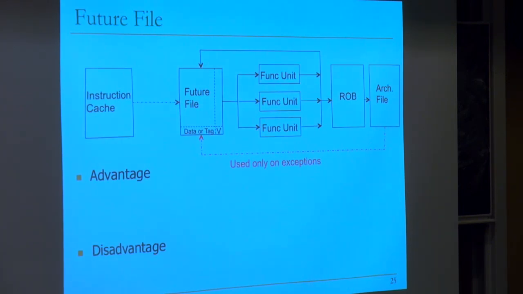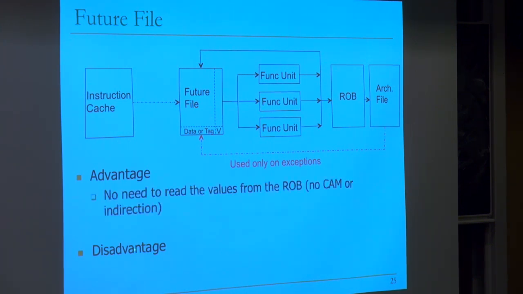OK, so this is how it looks. Now we have a future file, which is updated when an instruction finishes its execution. When an instruction finishes its execution, it also writes its result into the reorder buffer, so that that result is later written to the architectural register file when the instruction is the oldest in the machine.